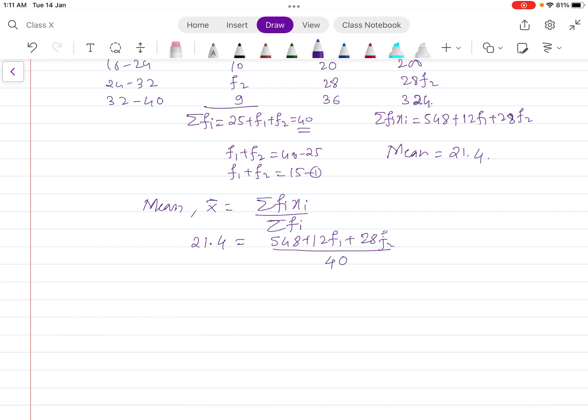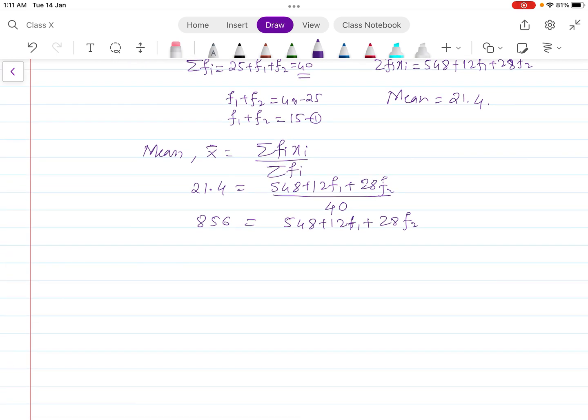Now rearranging by cross multiplying, 40 into 21.4 gives us 856. So 856 equals 548 plus 12 f1 plus 28 f2.